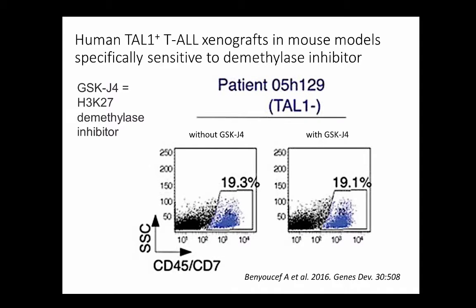Importantly, this is not a nonspecific effect on any T-ALL. They also transplanted in primary T-ALL due to a different type A abnormality and did not see the same effect. So this is specifically targeting the effects of tau1 on these cells.